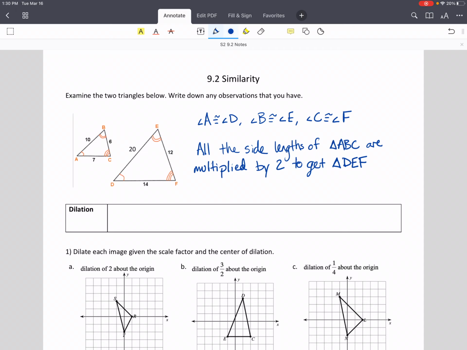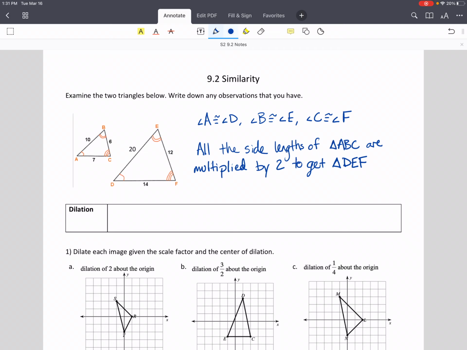Think about how, if pupils get dilated at an eye doctor, they get really big. It's basically taking something and making it larger or smaller, and all of the angles are going to remain the same.